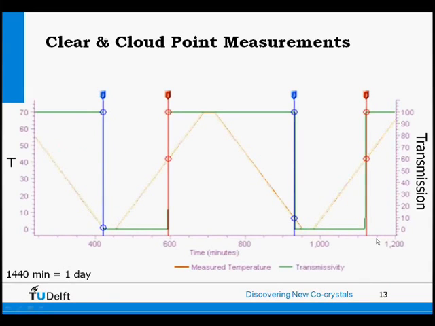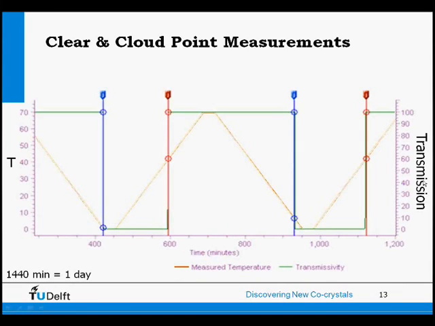And that is shown in this graph. So the temperature against measurement time. The orange line is indicating the temperature profile we are using. So you cool down, and at some point you get a suspension, and then you heat up, and at some point you get a clear solution, and then you get 100% transmission.